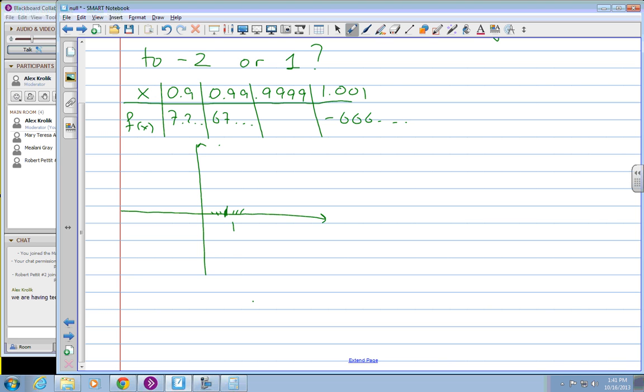So we're jumping down there. It looks like the graph of this function does something like that around x equals 1. But it never gets to x equals 1. I cannot plug in x equals 1. It's kind of an invisible barrier that goes through x equals 1. We cannot touch that. But generally the graph looks like that. Are you okay with that? Yeah?